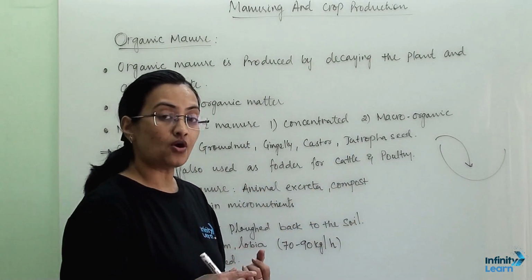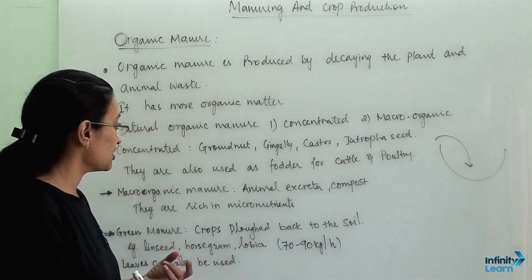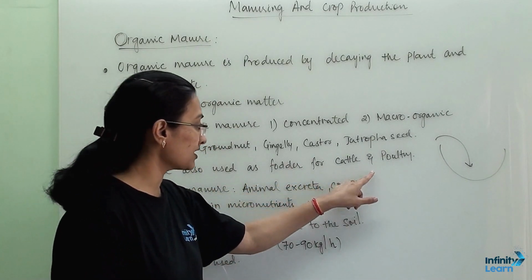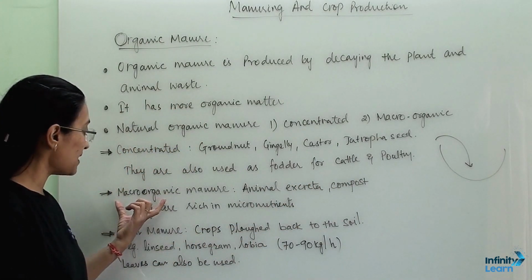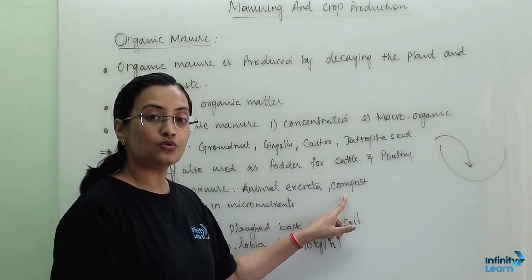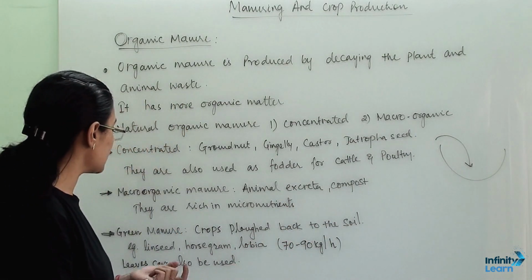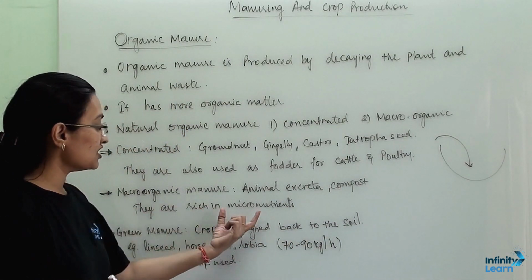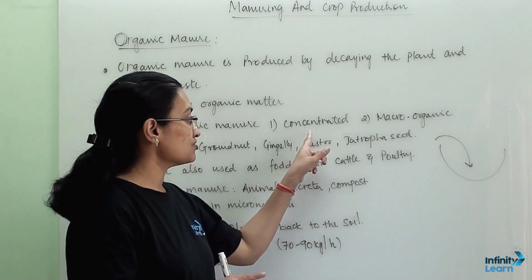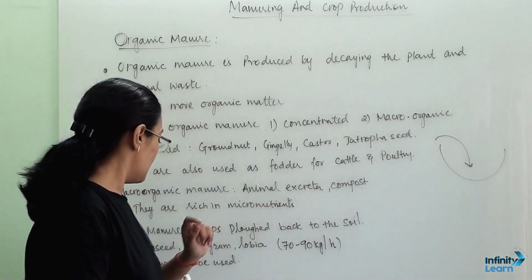Concentrated organic manures are rich in all macronutrients. Then comes bulky organic manure. Animal excreta and compost make bulky organic manure, and they are rich in micronutrients. So there are two types of organic manure, concentrated and bulky.